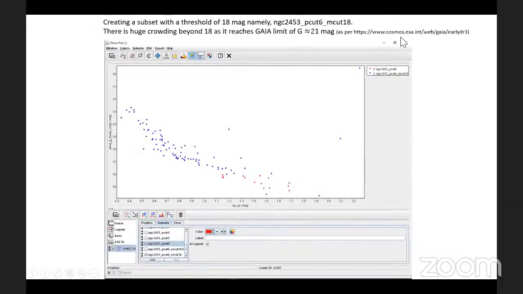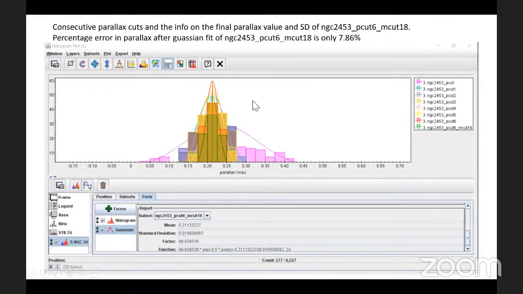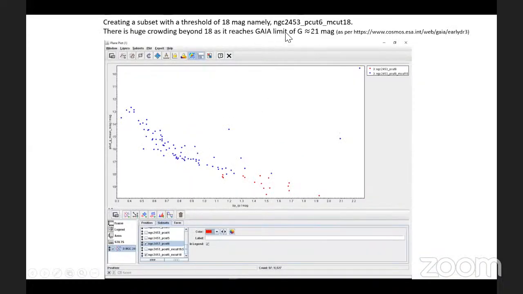Next, since the Gaia limit in the G band is around 21 magnitude, there was huge crowding in the lower portion of the stars. So I put a threshold limit of 18 magnitude so that the crowding is removed in the lower parts, so that any false detection can be removed.